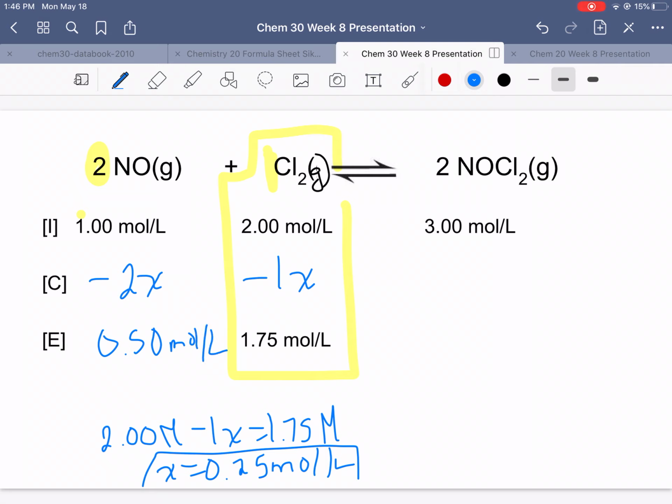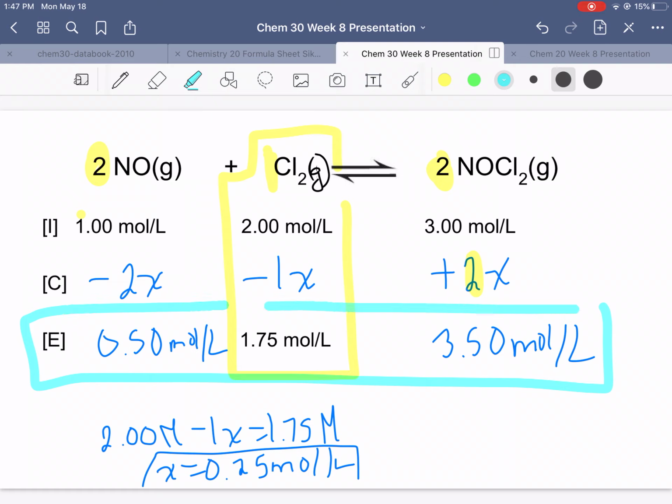Vice versa, on this side, we've got 2 NOCl2 gas being produced. And if the reactants went down, the product must go up by a factor of 2 because of the 2 that is the coefficient. So 3.00 plus 2 times 0.25 is going to equal 3.50 moles per liter. There it is. There are our concentrations of reactants and products at equilibrium.